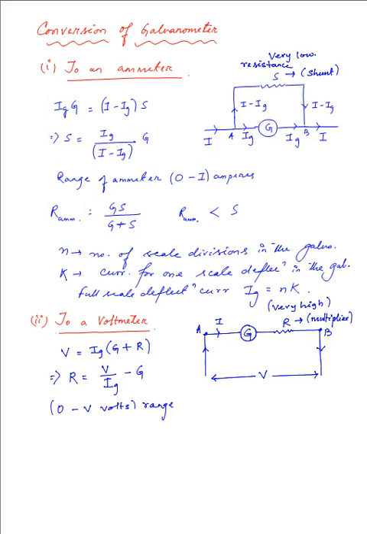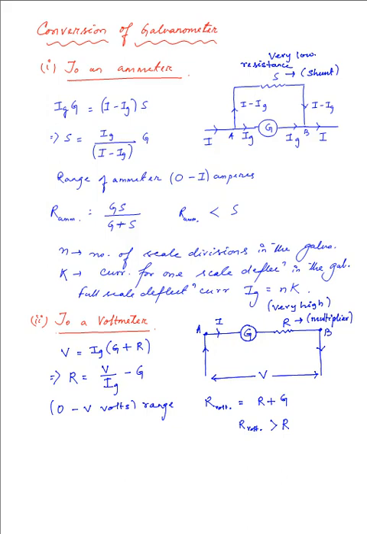And because the resistance is pretty high, the total resistance, the resistance of the voltmeter, is going to be R plus G. As we can see, the resistance of the voltmeter will be very high, greater than the multiplier resistance, because it has the factor G added to it.